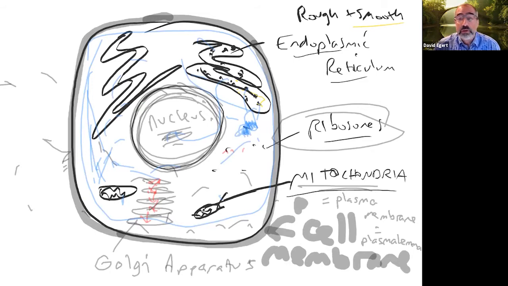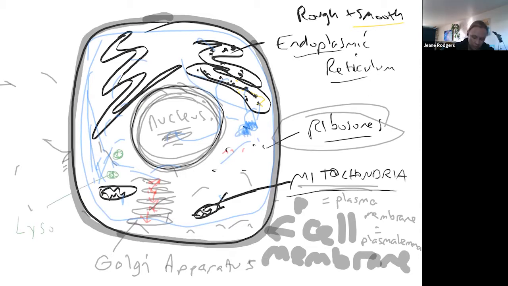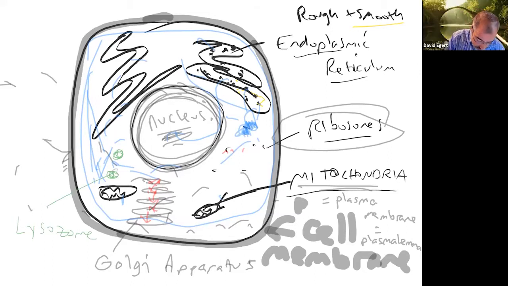What's another important cellular organelle? Lysosomes. Lysosomes are little vesicles that are filled with digestive enzymes to help break things apart and recycle them.